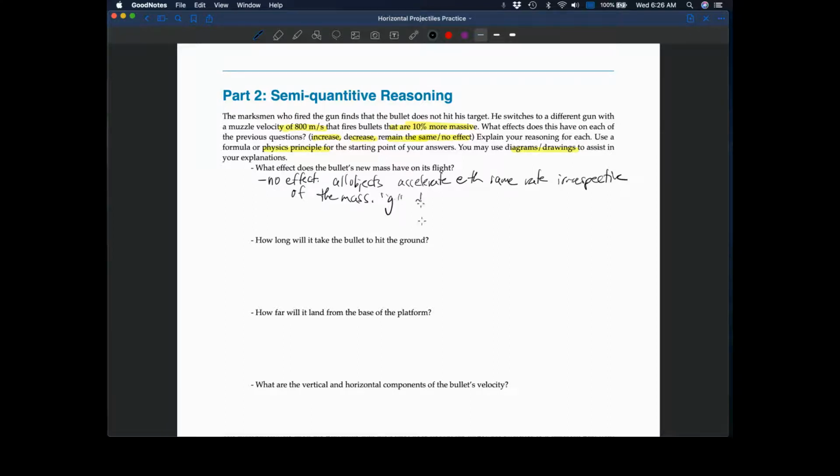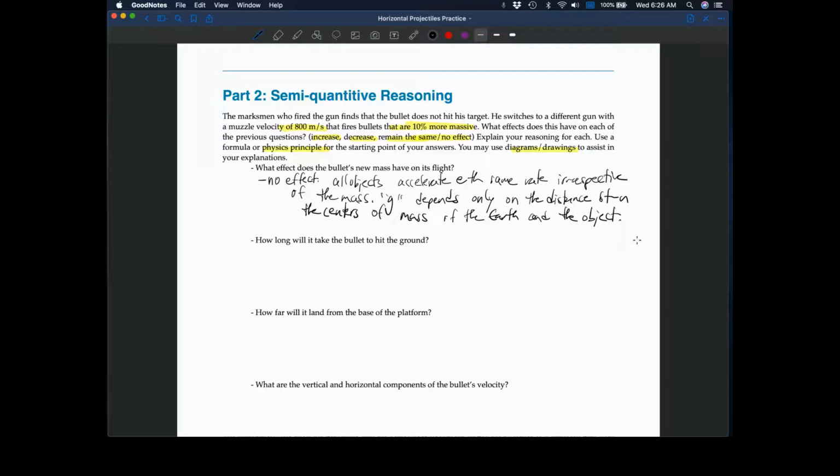G depends only on the distance between the centers of mass of the Earth and the object. Now, of course, we can reference Brian Cox's video, where we had the bowling ball and the ostrich feather, and the view of the moon with a hammer and a falcon feather. They both hit the ground at the same time.